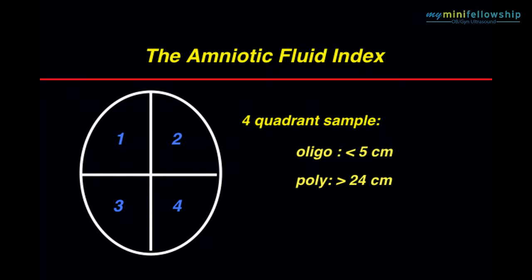Well, let's look at the amniotic fluid index. As you probably are fully aware, since you, I'm sure, do this measurement, there is a range of normal. Now, I happen to use 5 to 24 centimeters for normalcy, with oligo being less than 5 centimeters and poly being greater than 24 centimeters.